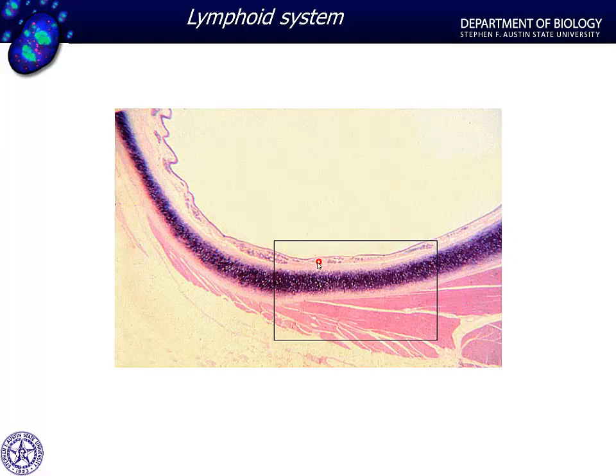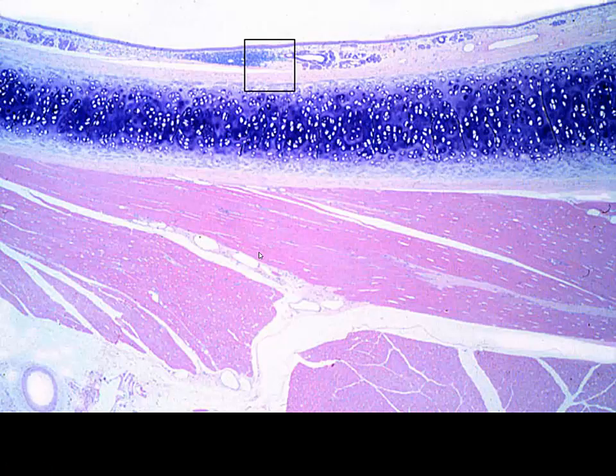Well, if we look in the region below our epithelium, we see this very dark granular staining material, and this is a collection of lymphocytes. And so this is going to be our BALT, our bronchiolar associated lymphatic tissue.